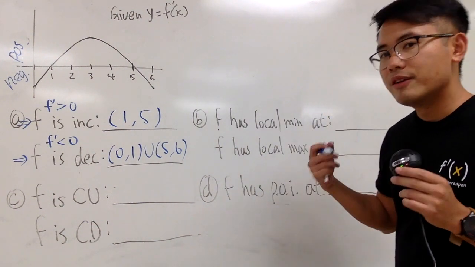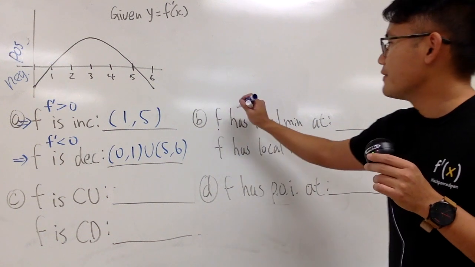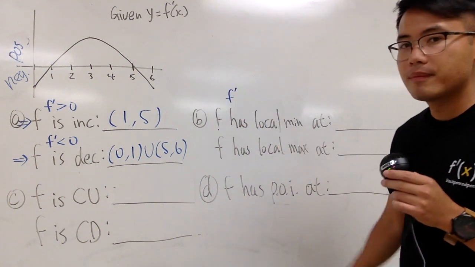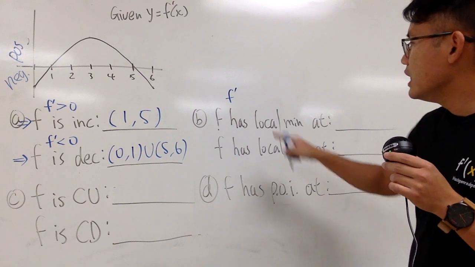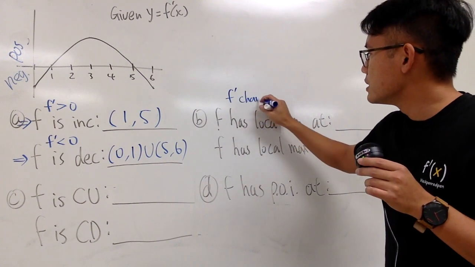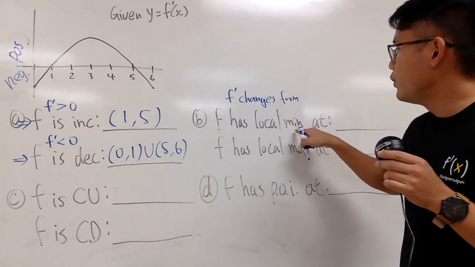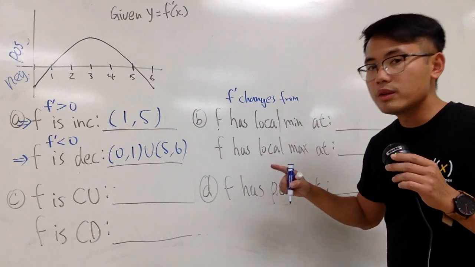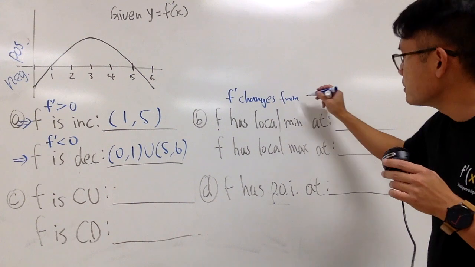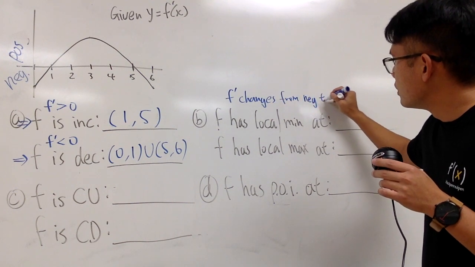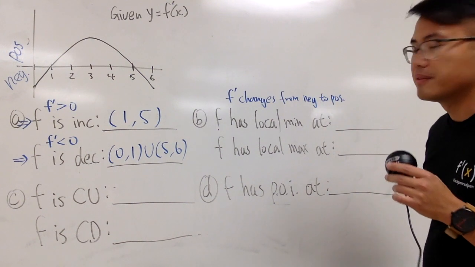And recall that from the first derivative test, if we have f prime, which is the first derivative, if you want to have a local minimum, you want f prime to change from negative to positive.